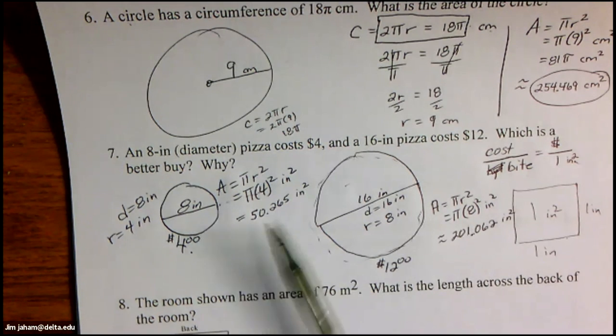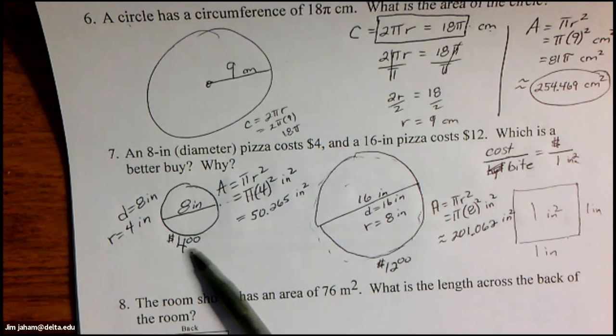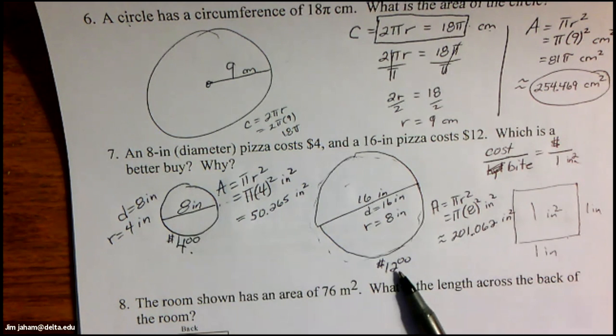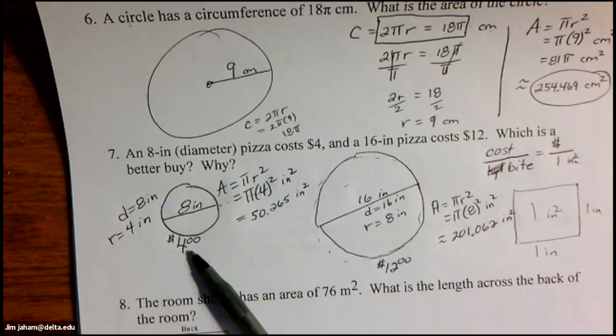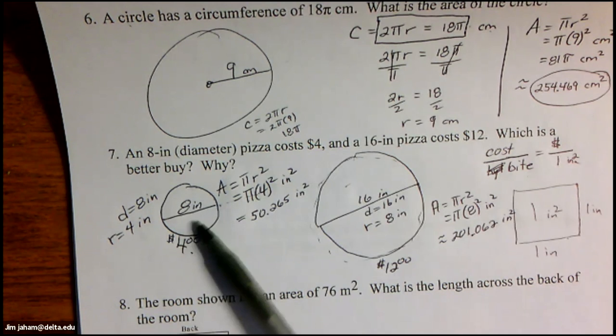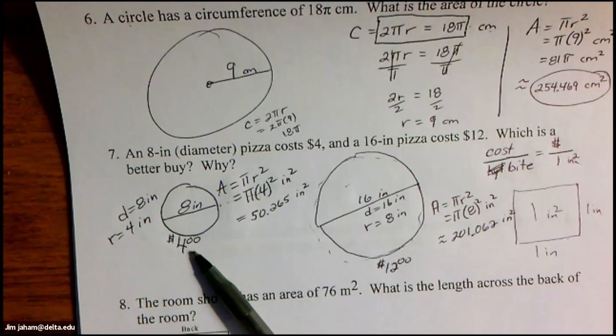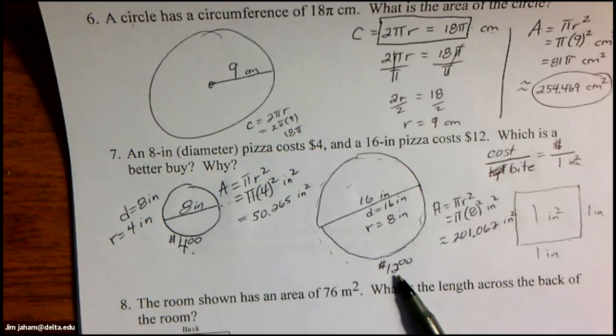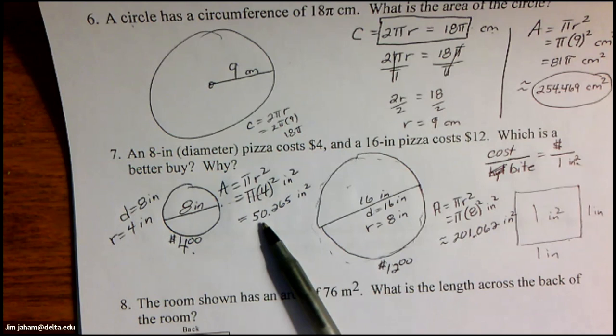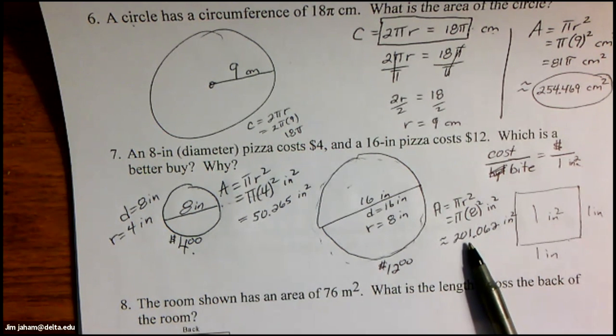Okay, so we have the area of the first pizza and the cost. Now, one thing you could do, just kind of quick, is you could say, well, for the cost of the smaller pizzas to equal the larger pizza, since the smaller one is $4, if I buy 3 of these pizzas, it would cost me $12. And one of these pizzas would cost me $12. But if I multiply the area also by 3, I get about 150 square inches, whereas this one over here has 201 square inches.